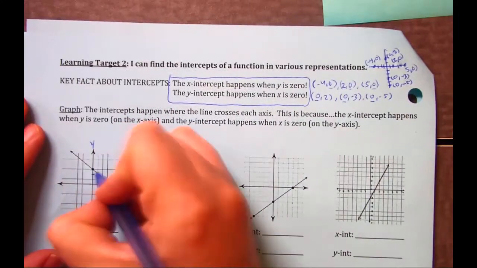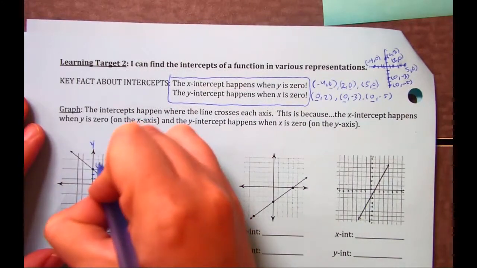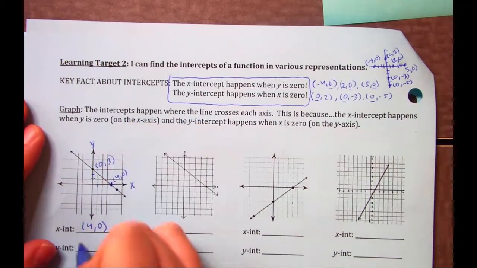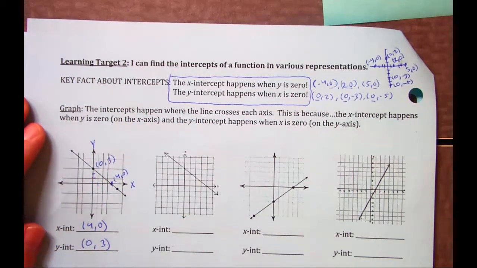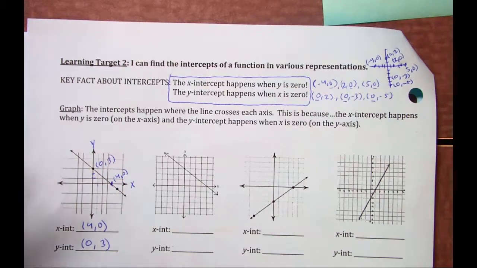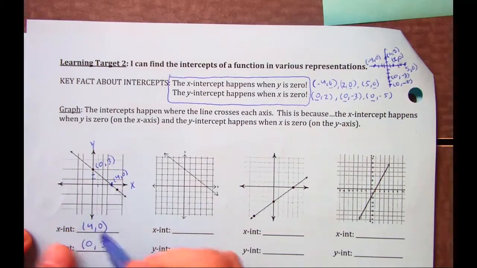The y-intercept is at the point 0, 3. So we're just looking for the places where the graph crosses the axis. The x-intercept is always going to have a 0 for the y value, and the y-intercept will always have a 0 for the x value, because that's what happens at each axis.